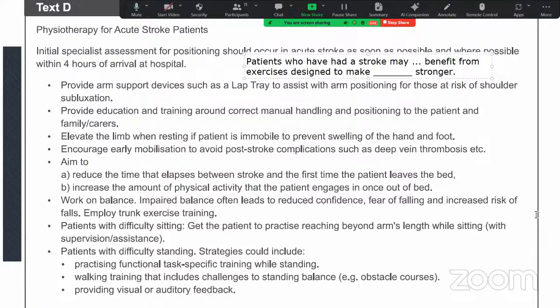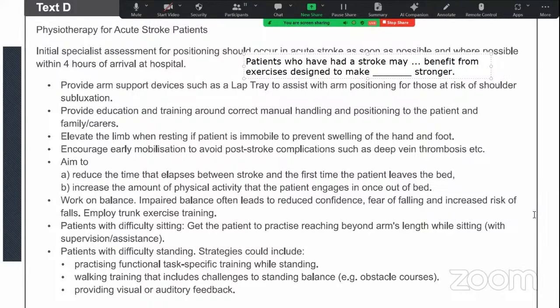Patients who have had a stroke benefit from exercises designed to make dash stronger. So, is this answer correct? D. Did you find the answer? Anybody? Did you find the answer?